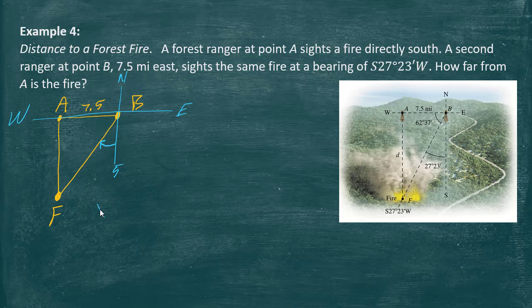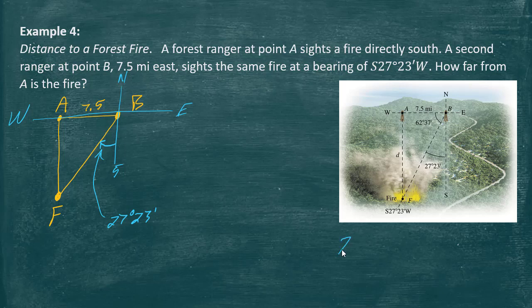And what we could do at this point is we've got two options: either leave it in that format of degrees and minutes, or I could convert it to decimal form if we wanted to, which we talked about in the prior video, where I would just do 27 plus 23 over 60 and add those together, and that would turn into some decimal. Actually, let's just go ahead and do that.